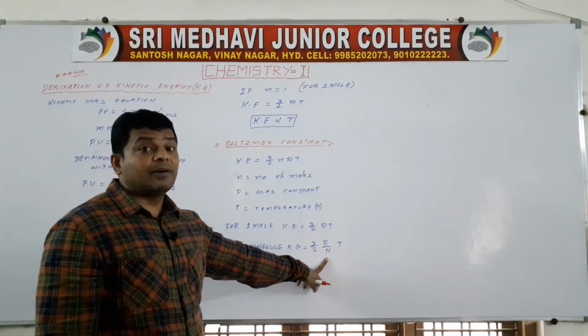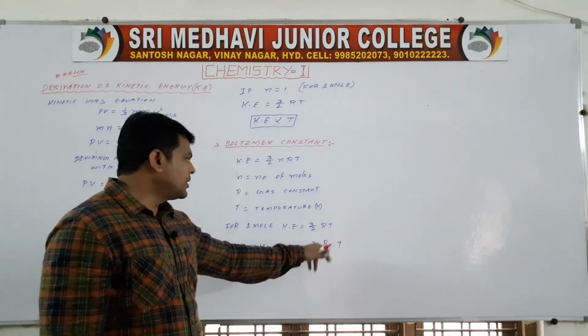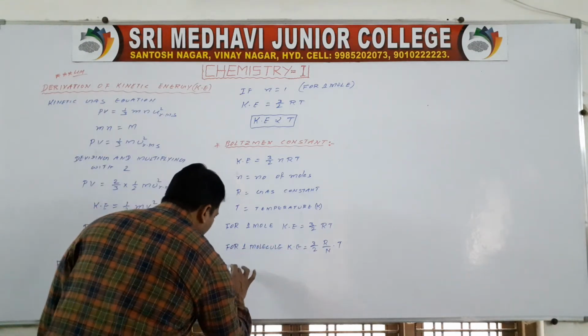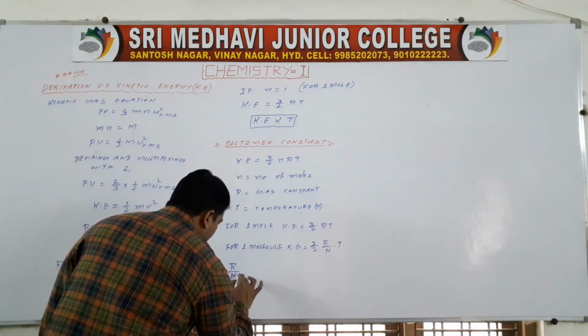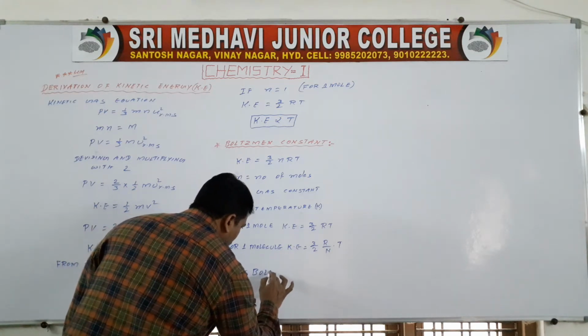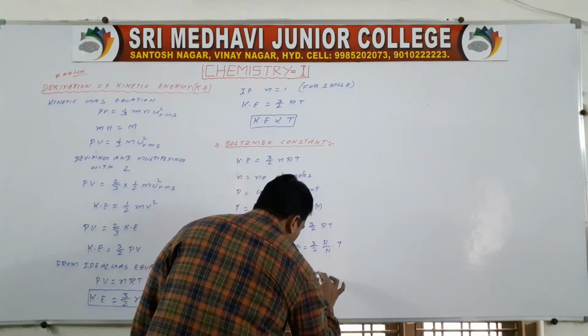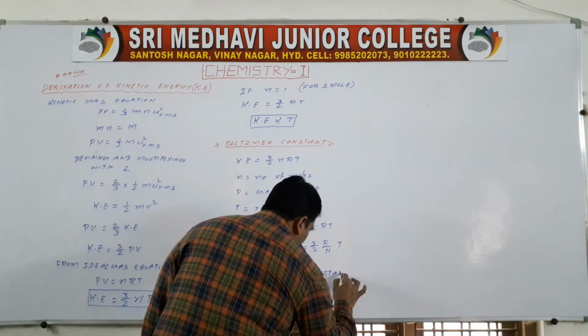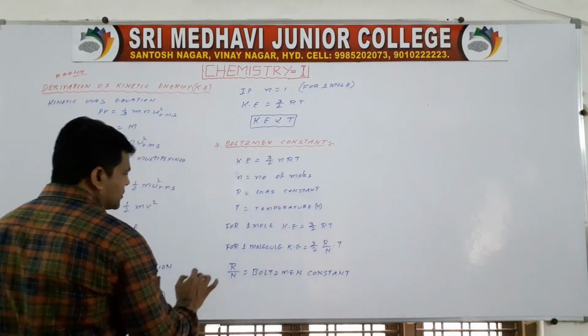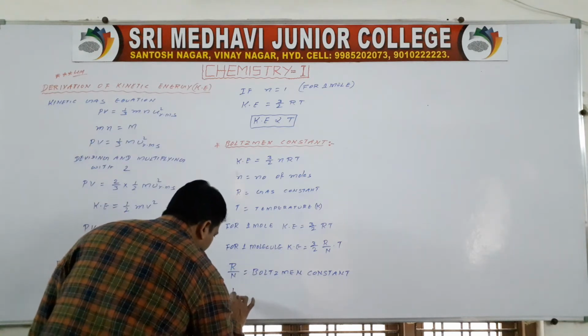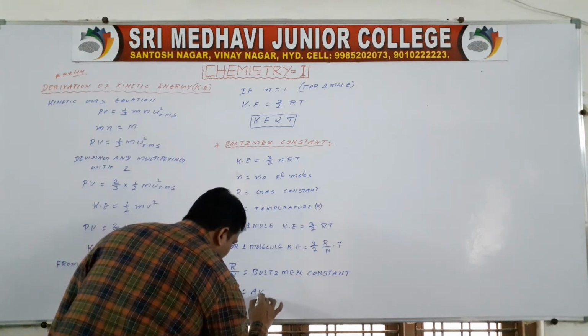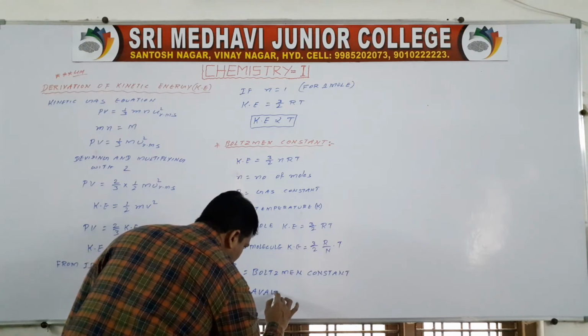N means Avogadro number. So R by N is called the Boltzmann constant, where R is the gas constant and N is the Avogadro number.